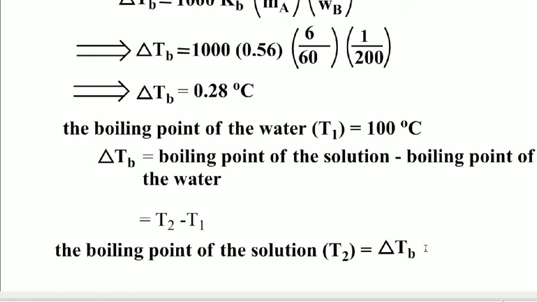So delta TB plus T1 is the boiling point of the solution.